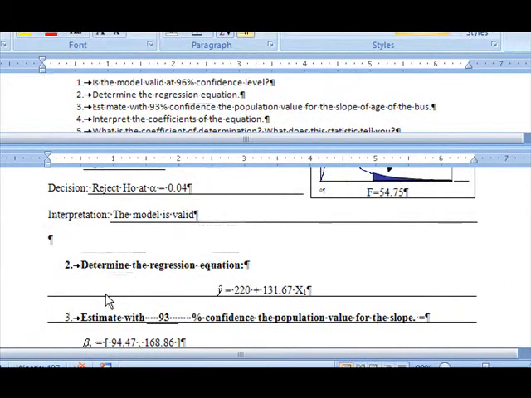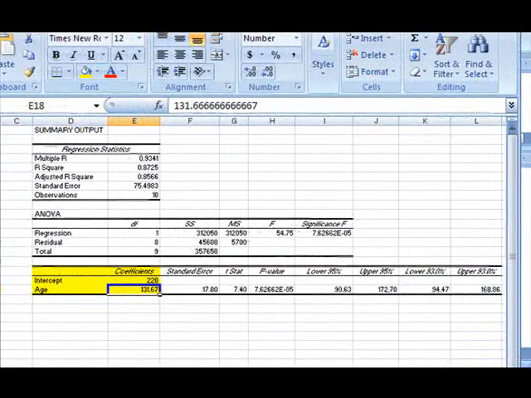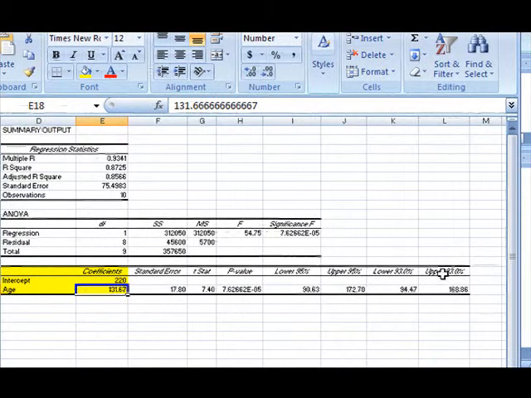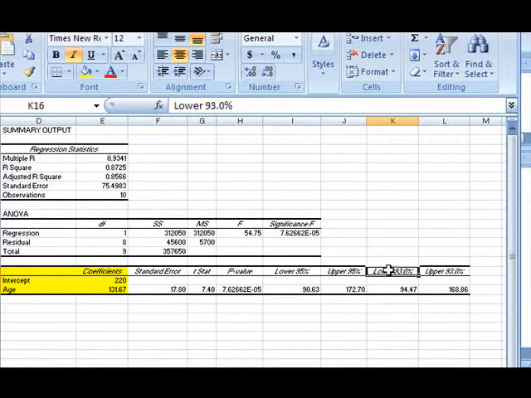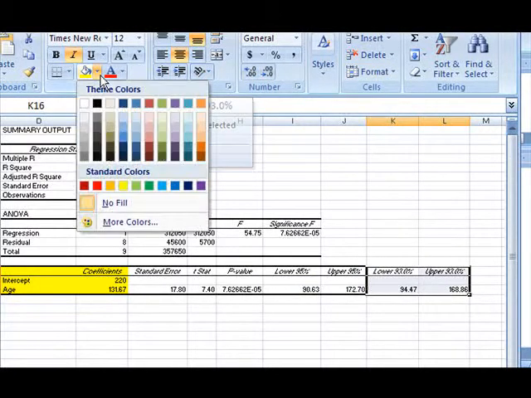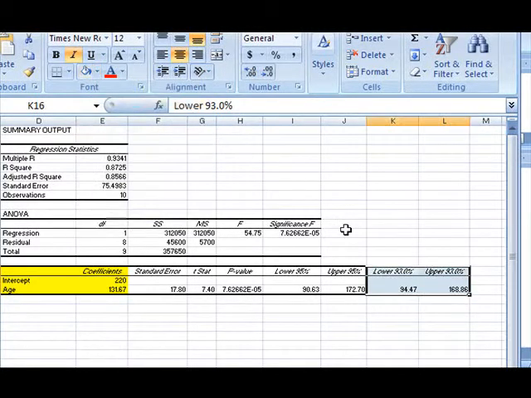The next question, estimate with 93% confidence the population value for the slope. Remember that we indicated in Excel a confidence level. The last table shows two different confidence intervals for the slope. 95% confidence, which is always the default value, and then the second set of intervals is the 93%, the one that you specified at the beginning of the regression.